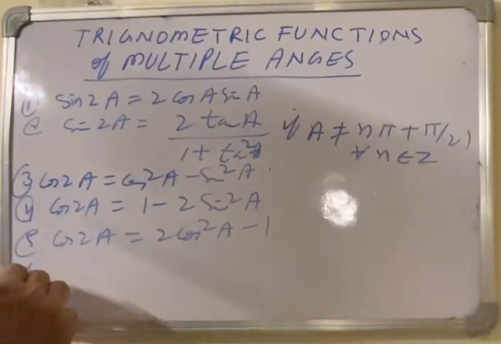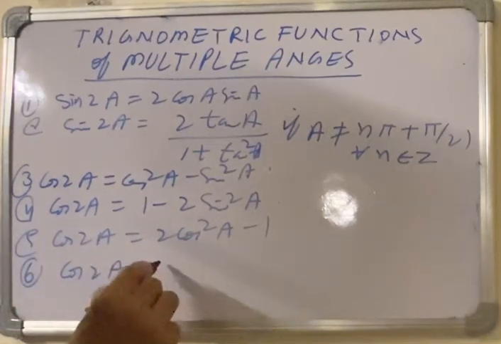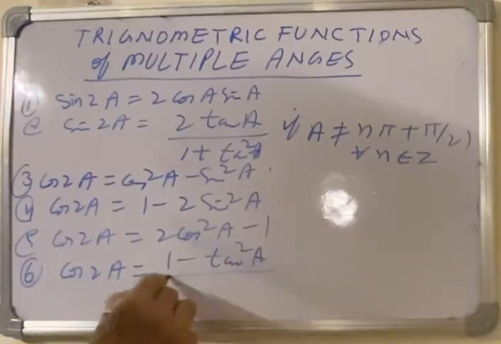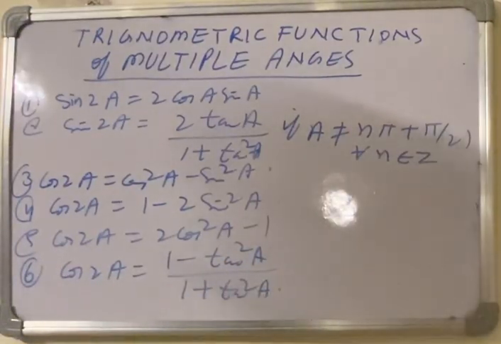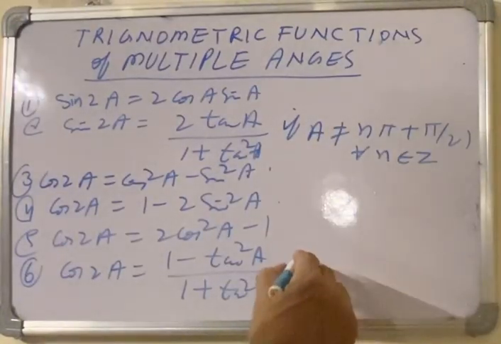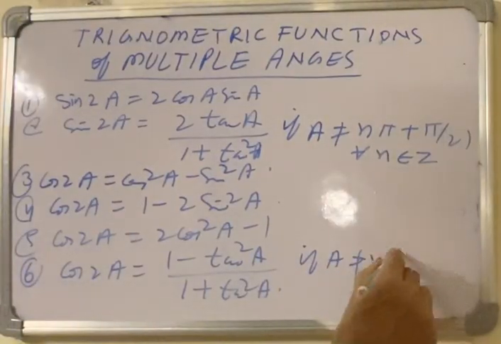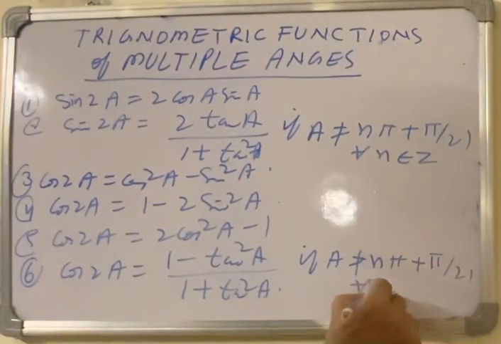Then sixth, cos 2a is equal to 1 minus tan square a over 1 plus tan square a, if a is not equal to n pi plus pi by 2 for all integers n.